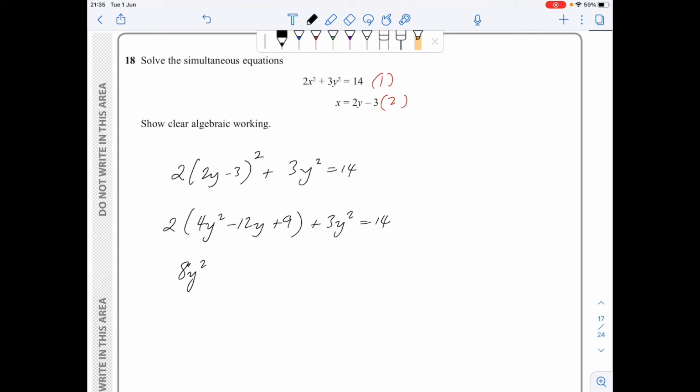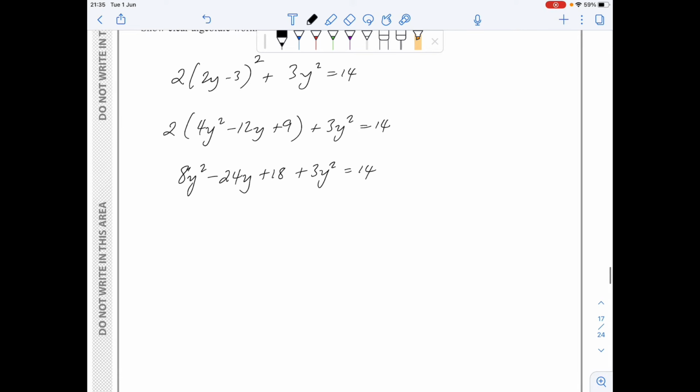So 8y squared minus 24y plus 18 plus 3y squared equals 214. So 11y squared minus 24y plus 4 is equal to 0.